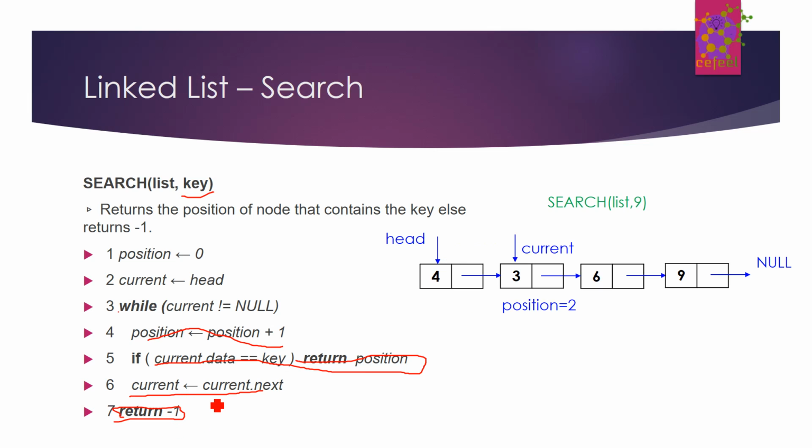So this way current now moves to the second node, and still current is not null, so position will be incremented to 2. Similarly, we have next step, current will point to 6 and then position is 3. Next we will have current point to 9 and position will be 4. Now at this point step 5 will be true. Why? Because current dot data, which is 9, equals 9, and hence we will return the position, which is 4. So we are done here. So finally the search method will return 4 as a result of the search call.